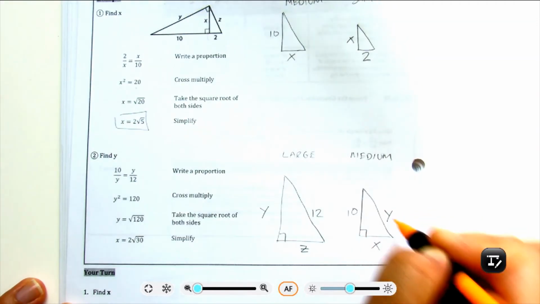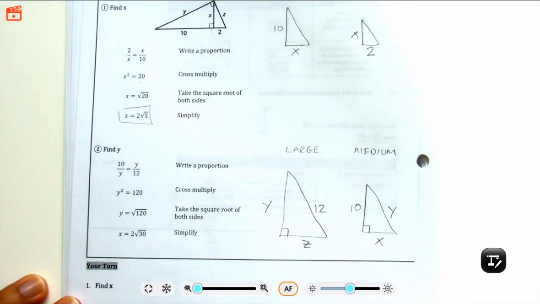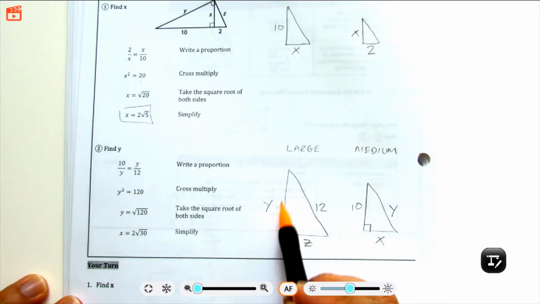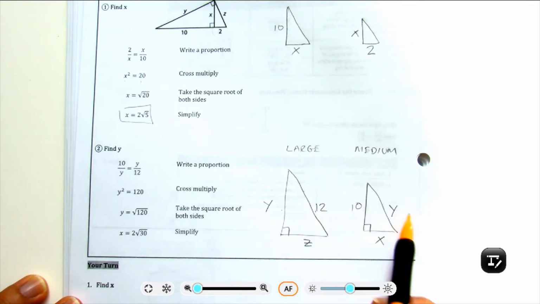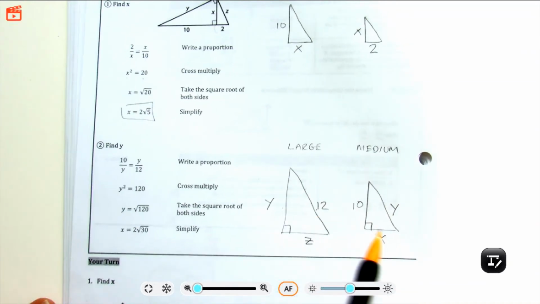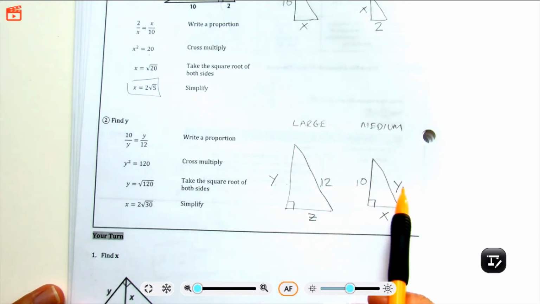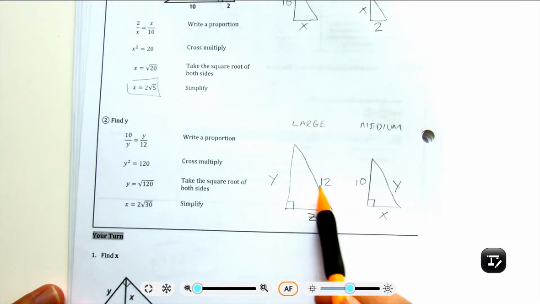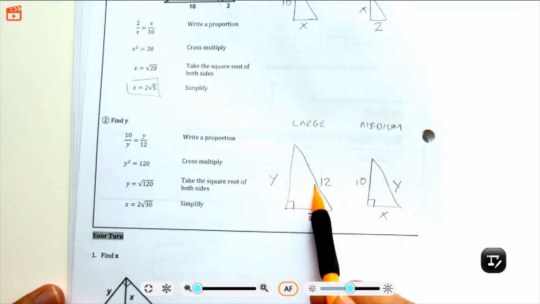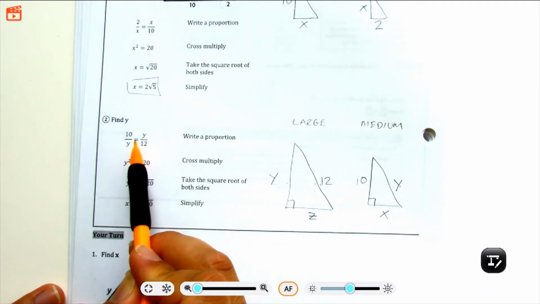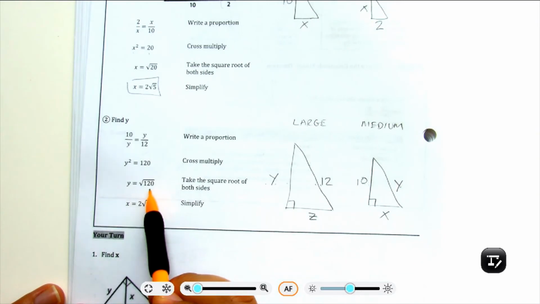So we're going to be comparing the long side and the hypotenuse. You see how they both have a y in one of these sides? We could say this side over this side is equal to this side over this side. 10 over y is equal to y over 12. Cross multiply, and we get the square root of 120, and then we simplify that, and that is 2 square root 30.